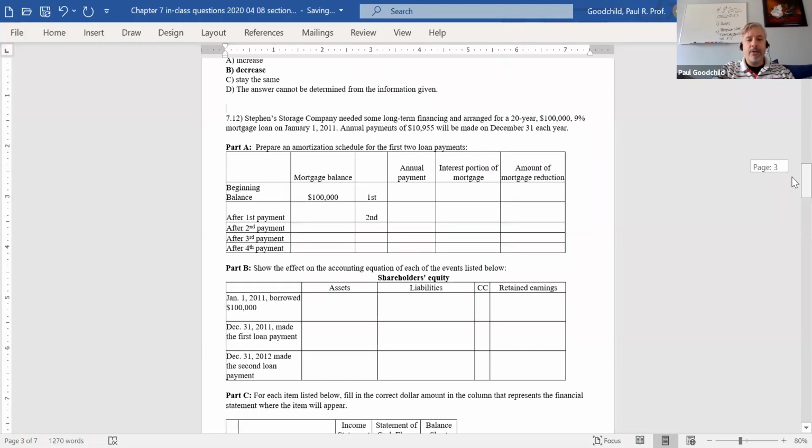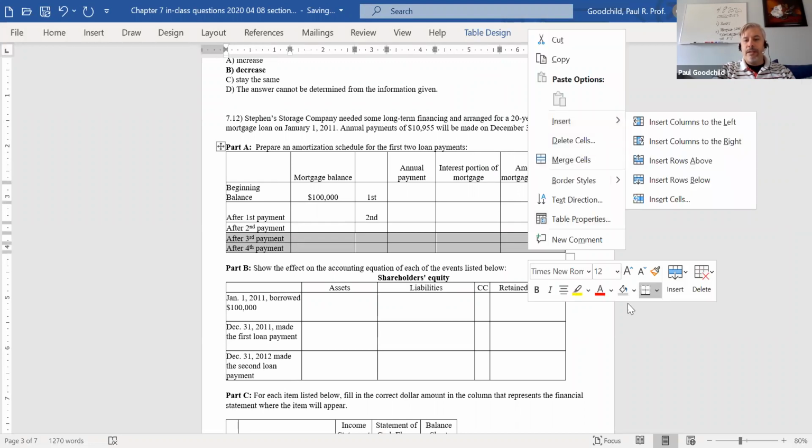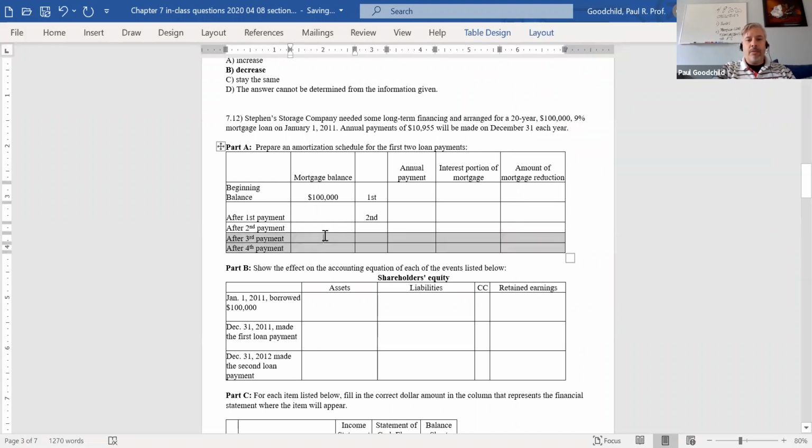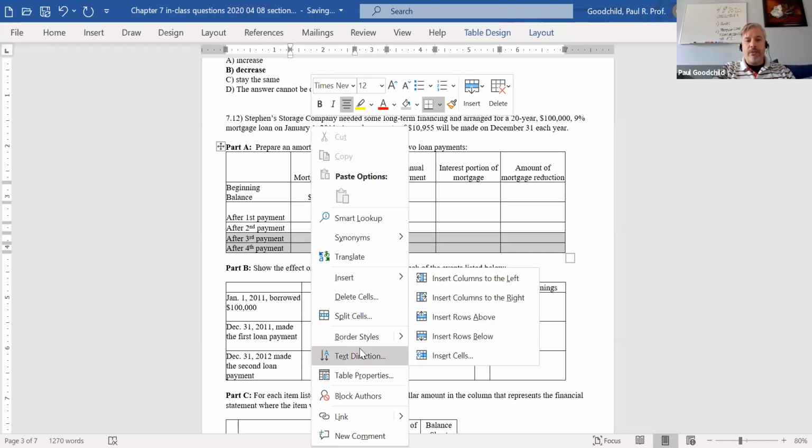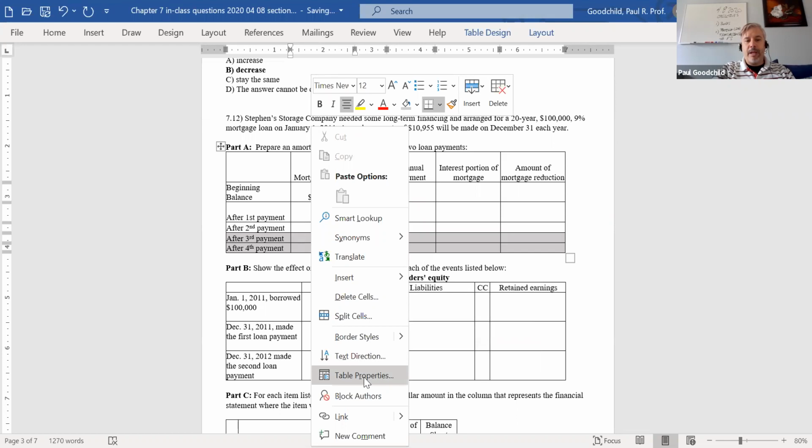So we've got another example here. And the way that I had the last class do it was try to create the table and tell me in the chat what's going to be in this cell after your third payment.